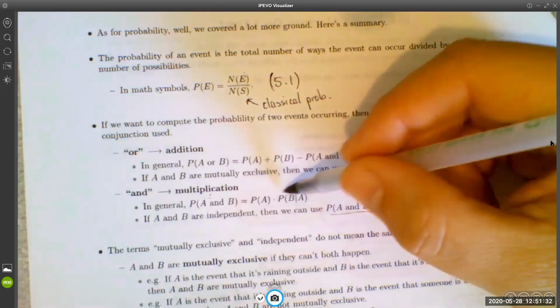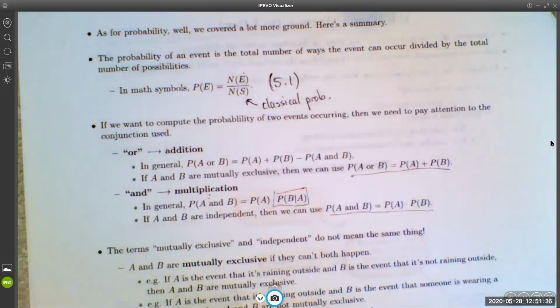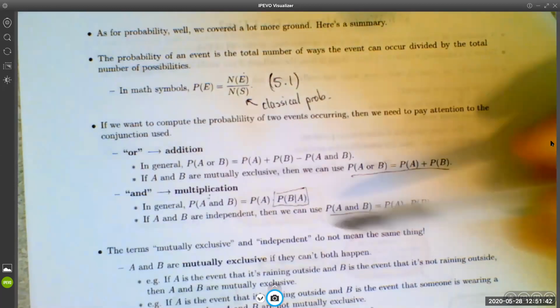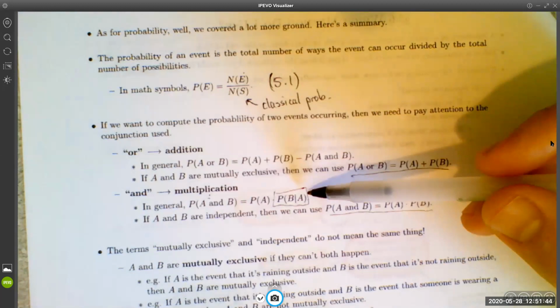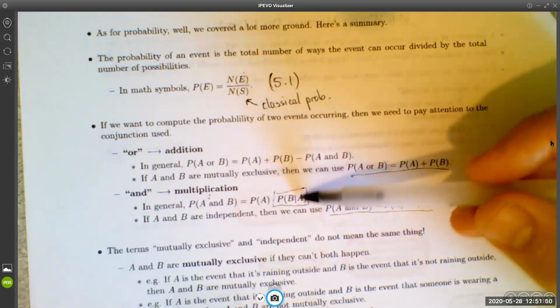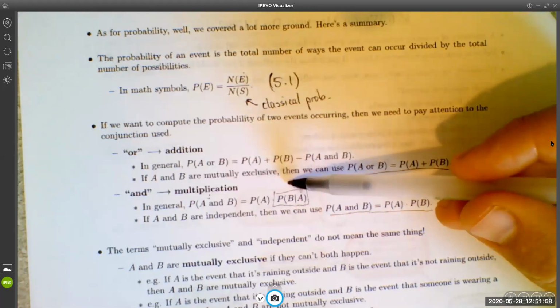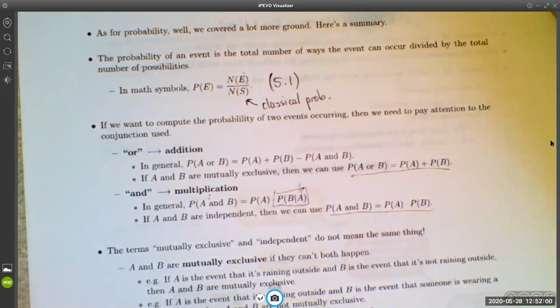Now, this piece of the formula right here, probability of B given A, that's a conditional probability, and we talked about these in detail as well. Remember that what a conditional probability does is restrict your attention so that instead of looking at the entire sample space, here you're only going to look at event A, and you're going to say, okay, if we know for a fact that event A occurs, now what's the probability that event B occurs? All right.